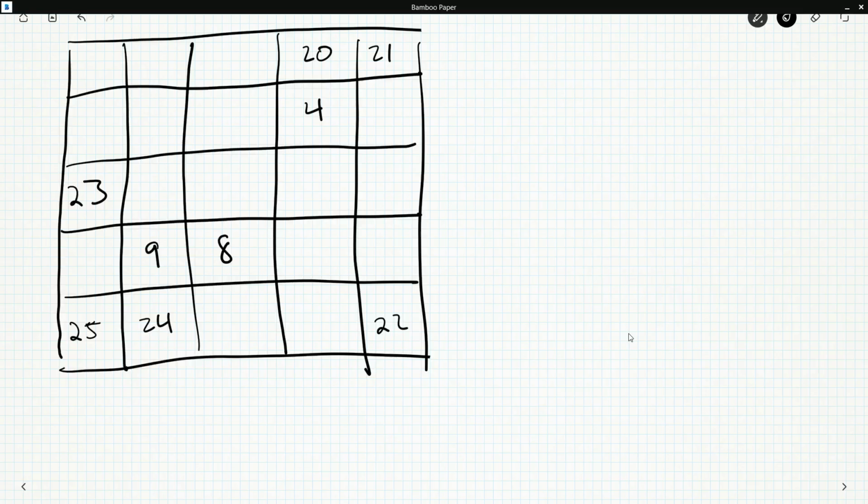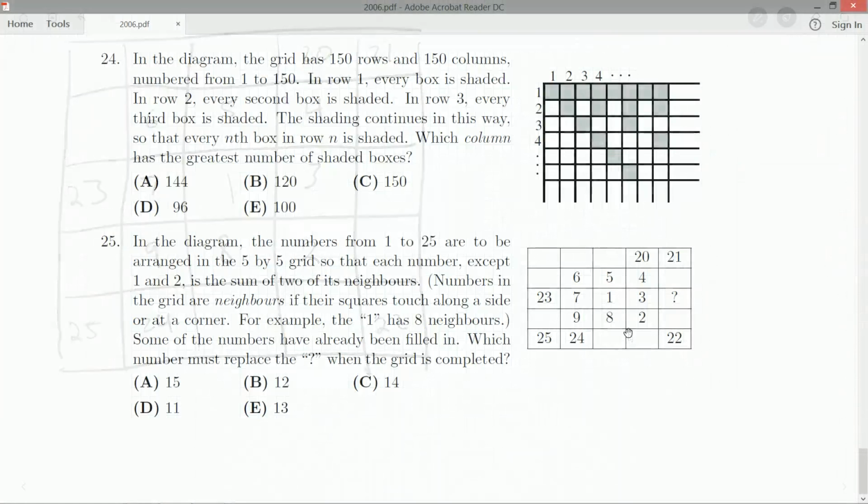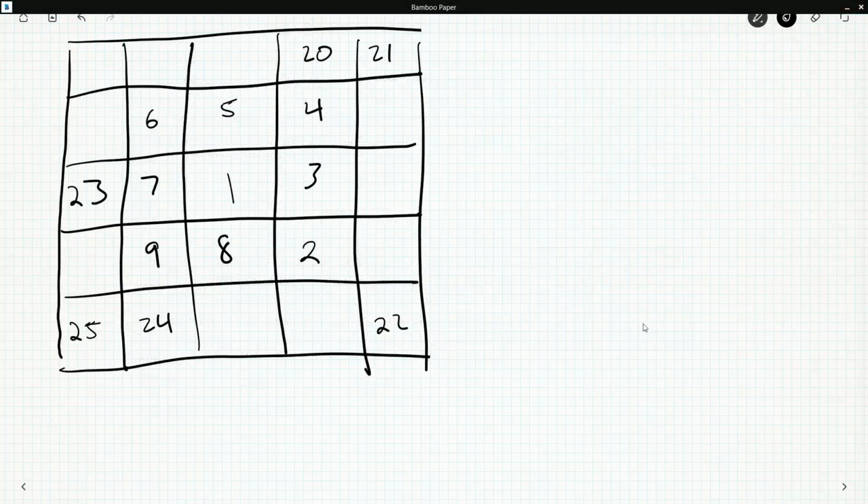So 8, 7, 6, 5, 4, 3, 2. Oh, it's kind of a spiral, although the 10 doesn't go here. Maybe the spiral reverses a bit, but no. Still interesting. And is there anything else? No, actually, I got all the numbers right.